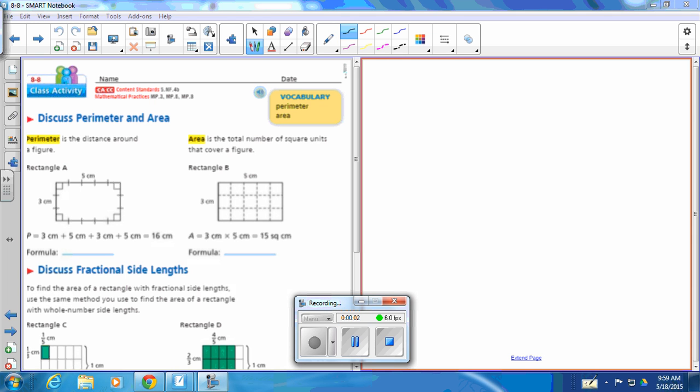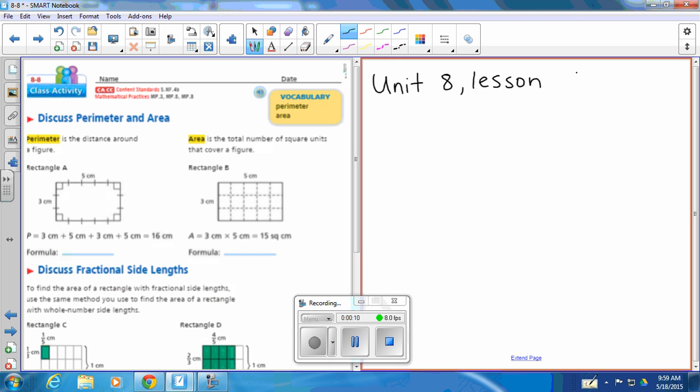Okay, so today we're getting into Unit 8, Lesson 8, and we're talking about area and perimeter. So we're using our measurement skills.